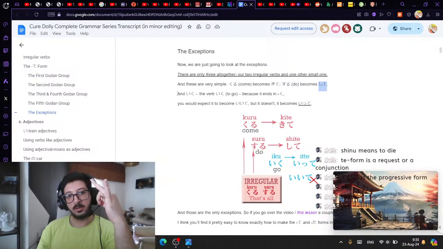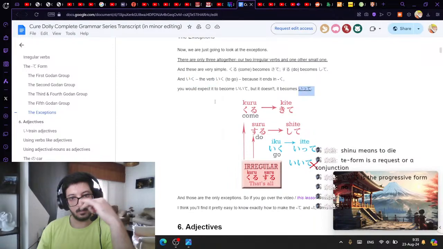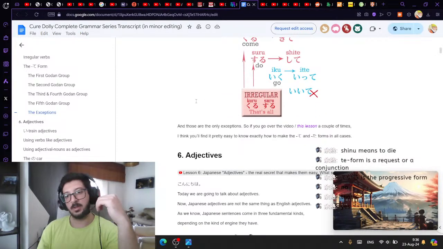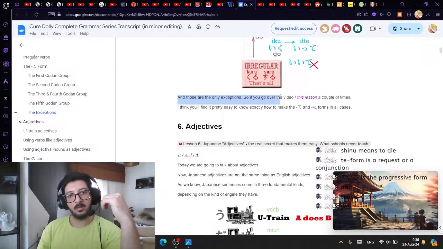These 2 are very simple, kuru and suru. And iku becomes itte. Okay, easy. Those are the only exceptions.